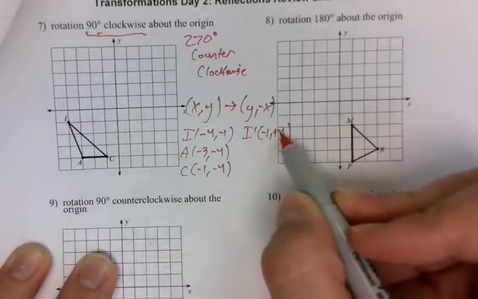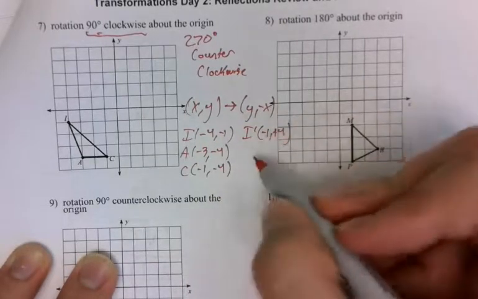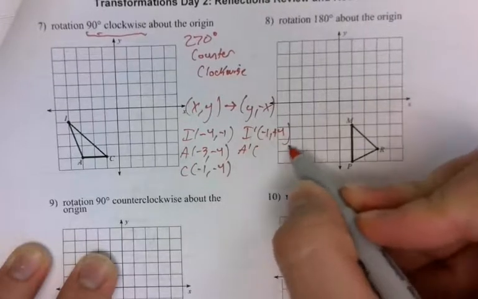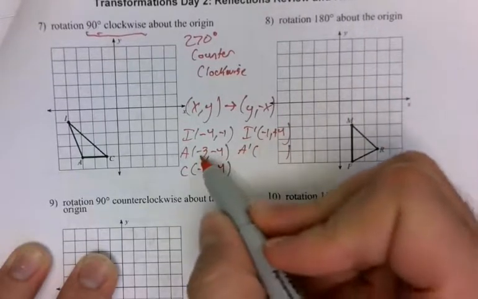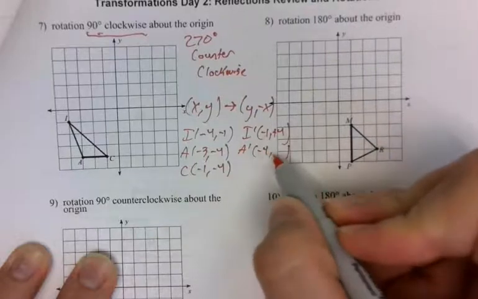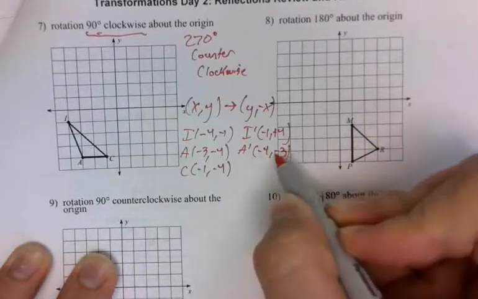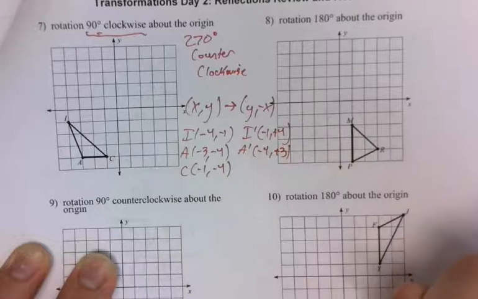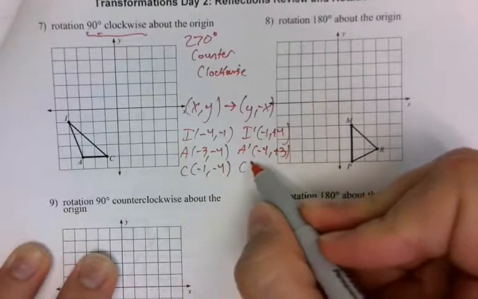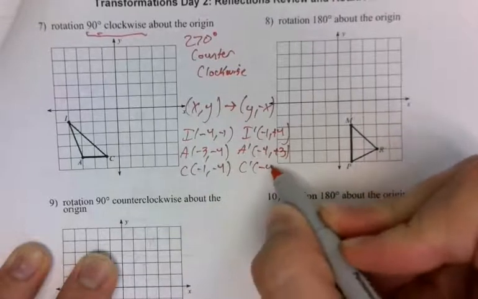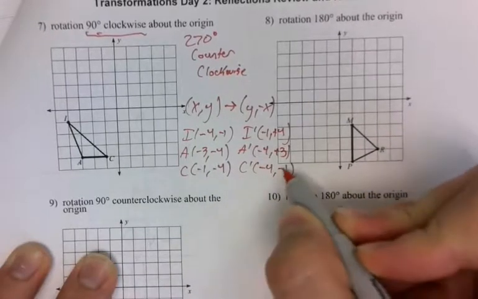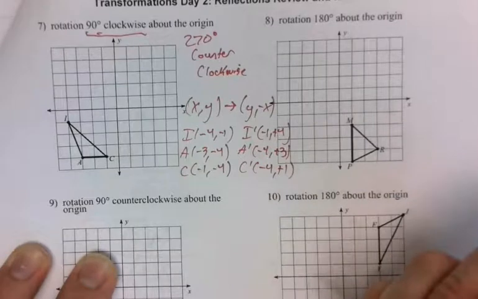And then whatever's here, I just change the sign. So with A prime, I'm going to switch them. So instead of (-3, -4), it's (-4, -3). And again, whatever's here, I'm going to just change its sign. Same thing with C prime. Again, I switch them, (-4, -1). Whatever's here, change the sign.